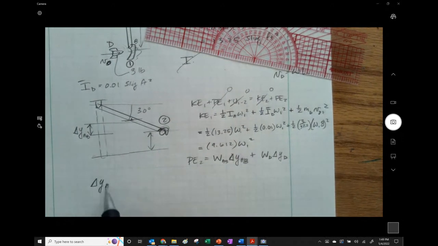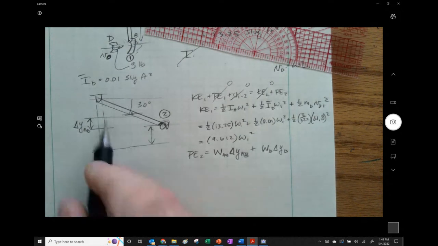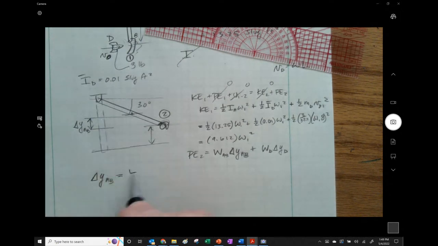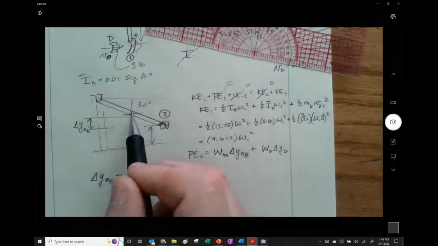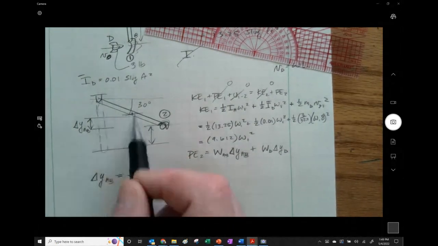I'll write them over to the side. So we'll say that's L over 2 times 1 minus, I think it's going to be the sine of 30 degrees, because that's right there.